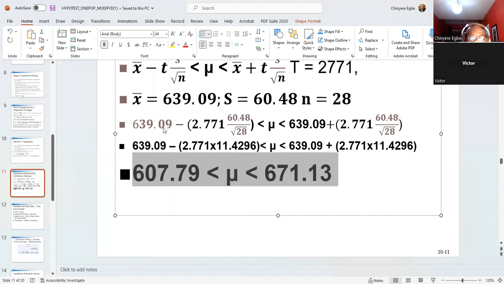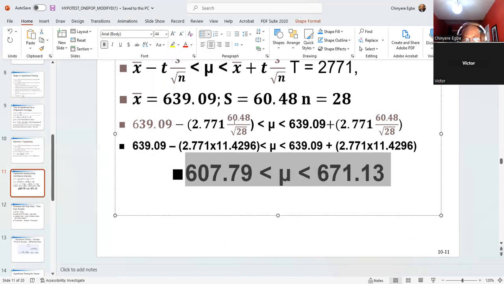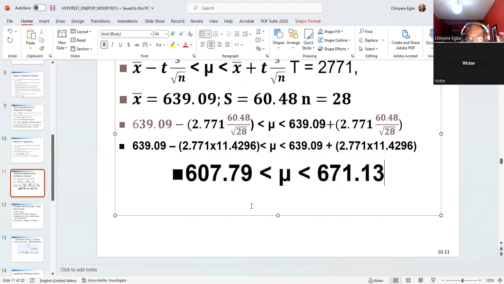Not sure? You're not sure? Okay. So what is the confidence interval? You're saying the problem is you don't know what the true average is. Am I correct? Well, that's what we said. We don't know what the true average is.